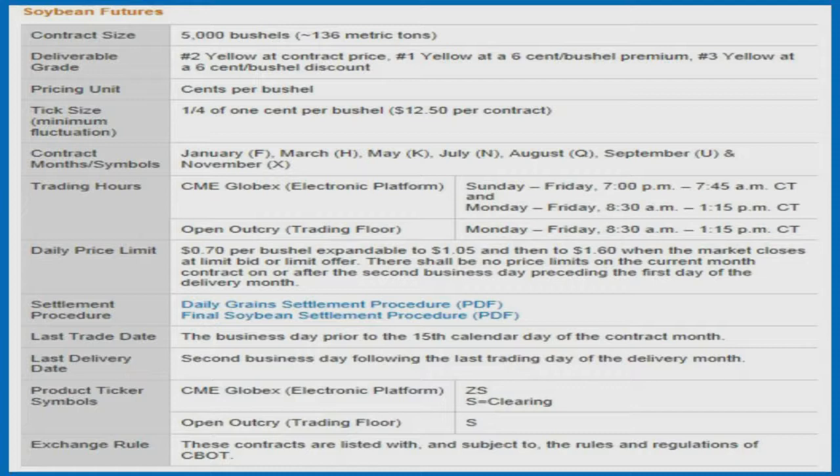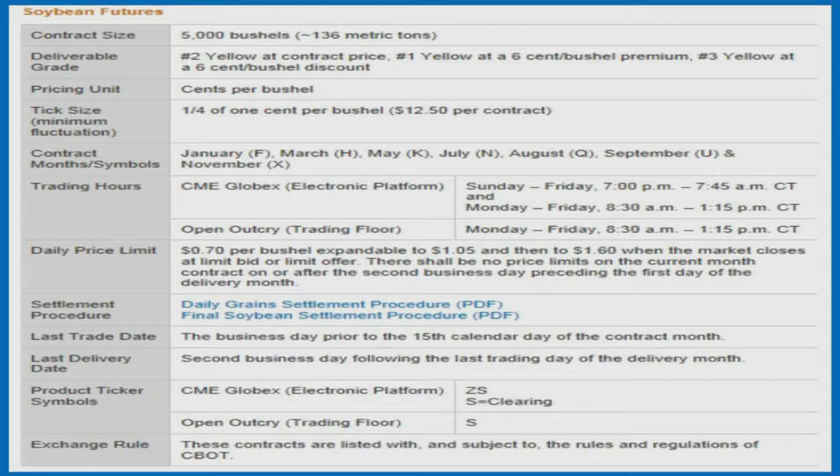And as you can see here, the number 2 yellow is the basis or the standard for which these soybeans are sold. A number 1 yellow, based on this contract, would have a 6 cents per bushel premium, and number 3 yellow would have a 6 cents per bushel discount. So you can see here, the yellow number 2 is the standard, and anything off of that, either above or below, would represent a premium or a discount.